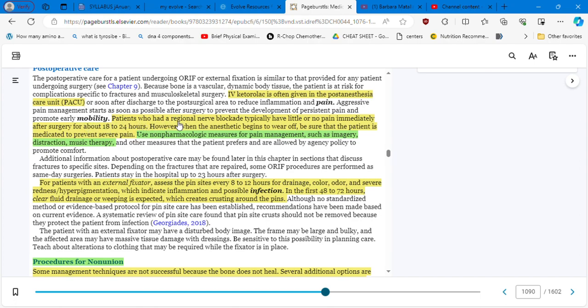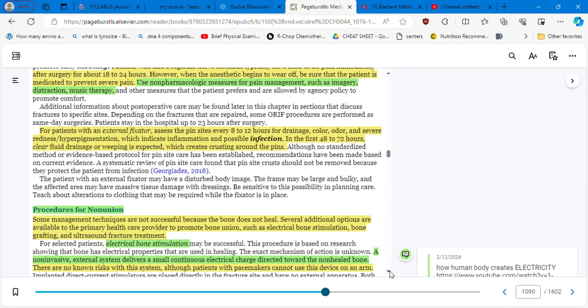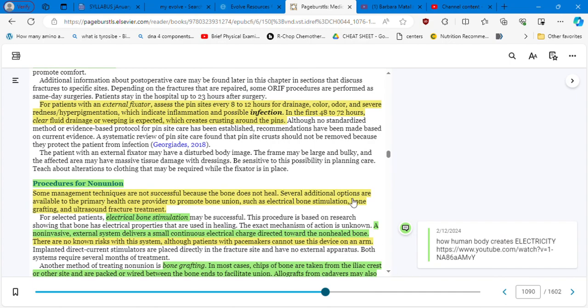Patients who had a regional nerve blockade typically have little or no pain immediately after surgery for about 18 to 24 hours. However, when the anesthetic begins to wear off, be sure that the patient is medicated to prevent severe pain. Use non-pharmacologic measures for pain management, such as imagery, distraction, music therapy, and I think we spoke about this in previous chapters related to musculoskeletal.